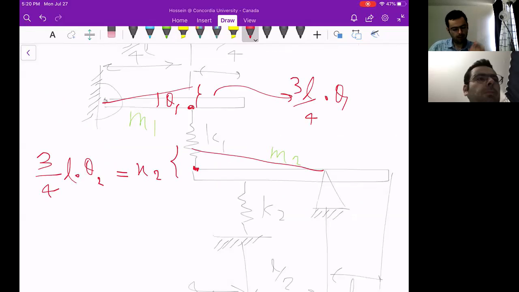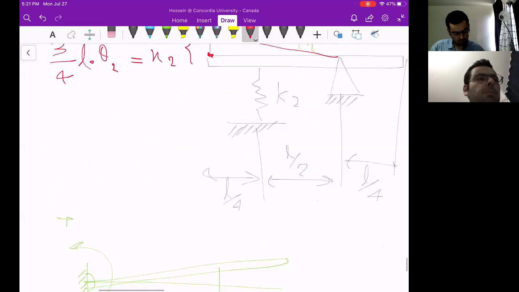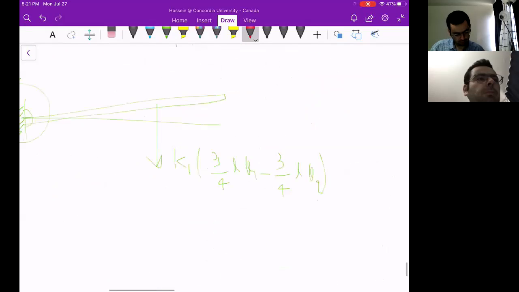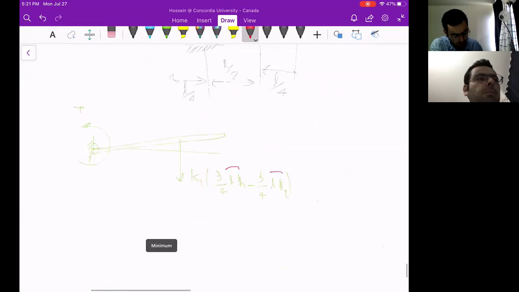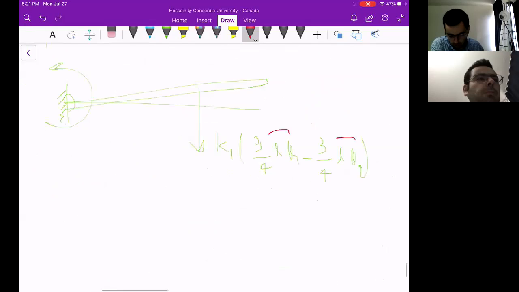So the relative deformation would be x1 minus x2. And you can easily apply the Euler formula to derive the equation of motion.